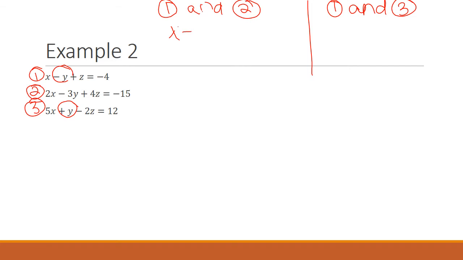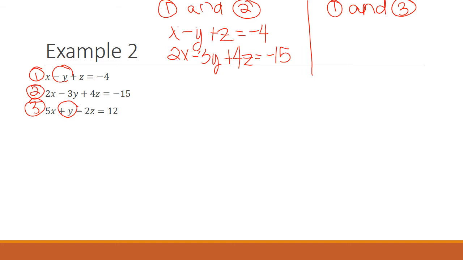So I have x minus y plus z equals negative 4, and number 2 is 2x minus 3y plus 4z equals negative 15. I said let's eliminate y. You can choose to eliminate whatever you want as long as you eliminate the same thing in both sets.